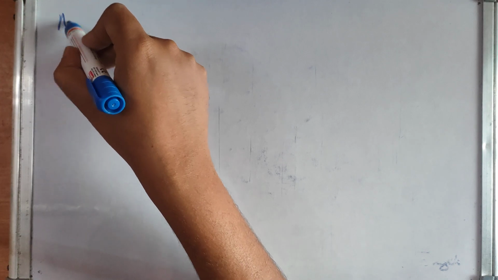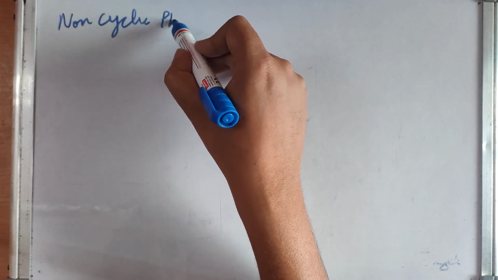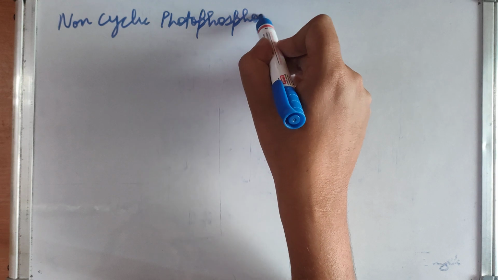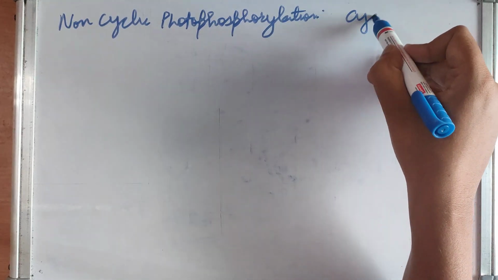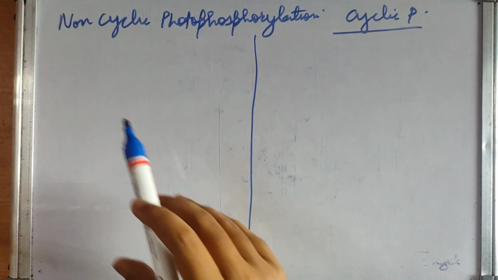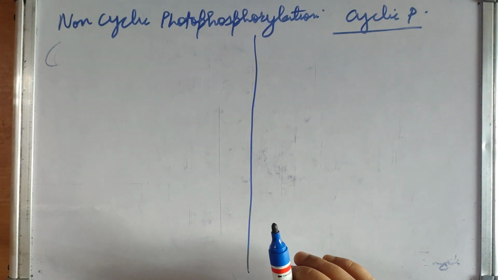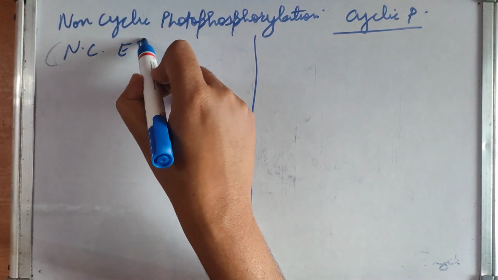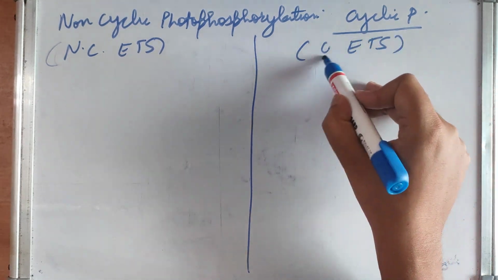These are also known as cyclic ETS and non-cyclic ETS, that is, the electron transport system in photosynthesis.